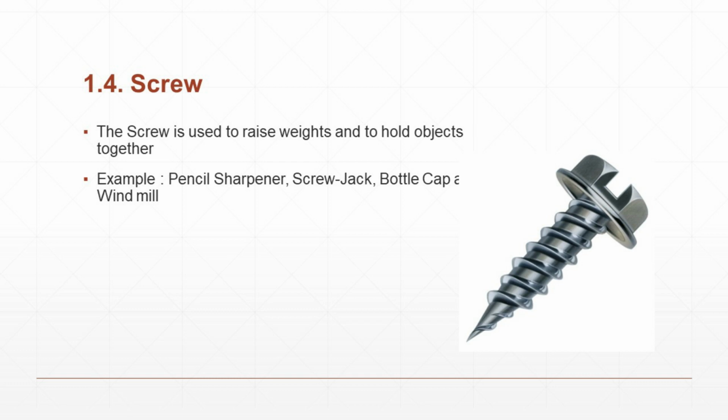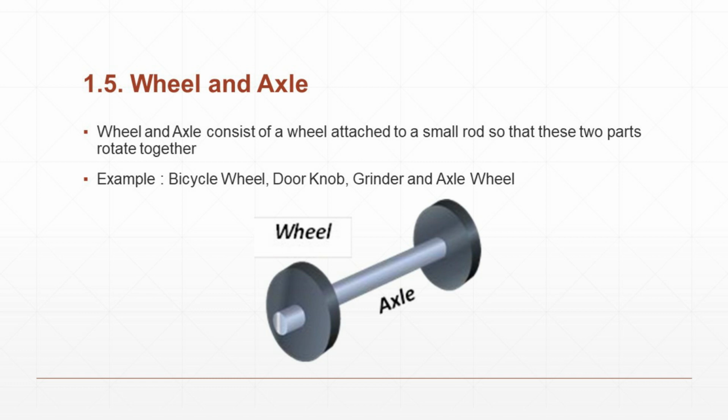Now pass on to the next simple machine, that is wheel and axle. The word itself will help you to know: wheel is there, axle is also there. Wheel and axle consist of a wheel attached to a small rod so that these two parts rotate together.